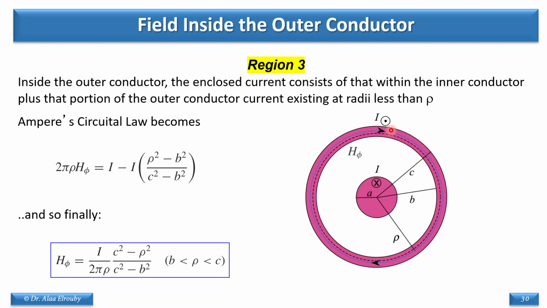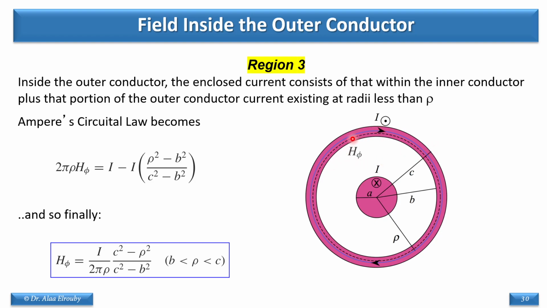So what is the current density? This is where most people make mistakes. The current density on the outer conductor equals I divided by the area, and the area here equals pi times c square minus b square. So we have c square minus b square.